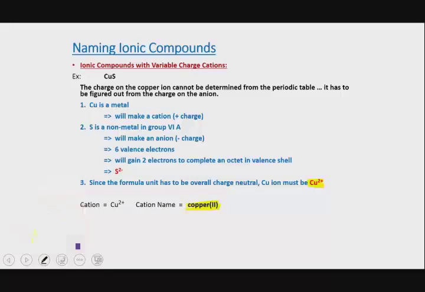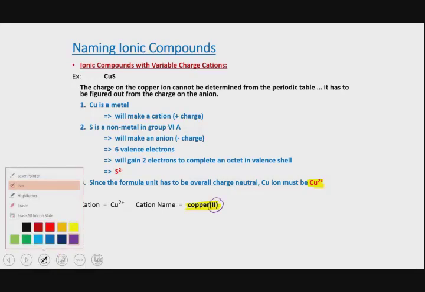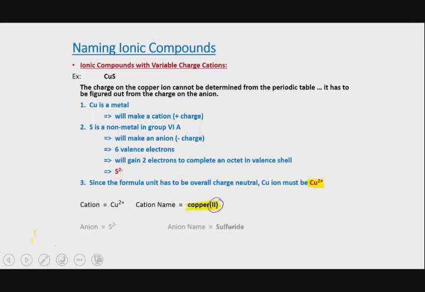Now this step is extremely important when you're naming such compounds. Without this, the name is incorrect. That is the name of the cation, and the anion, of course, in this case is sulfide from the name sulfur, and the compound therefore is called copper(II) sulfide.